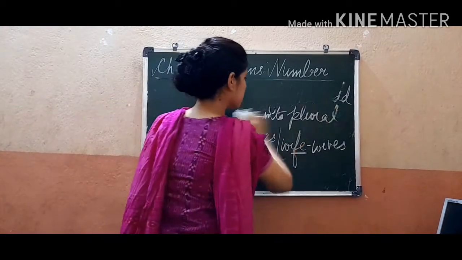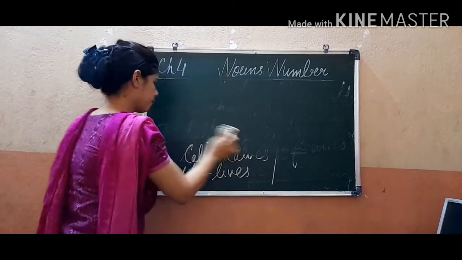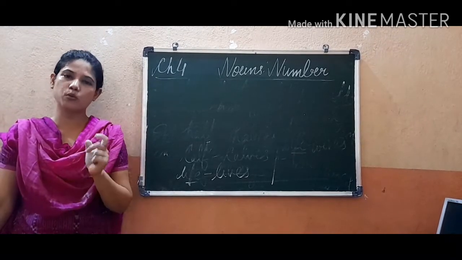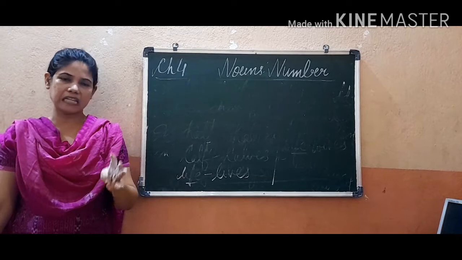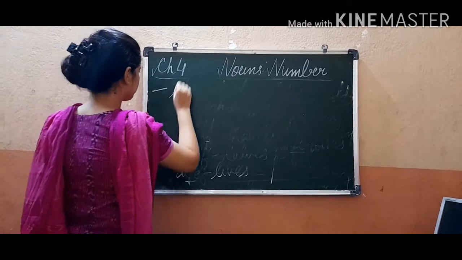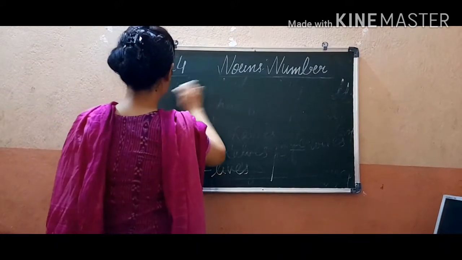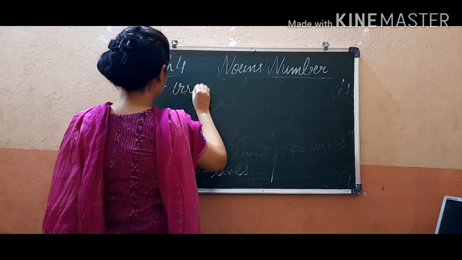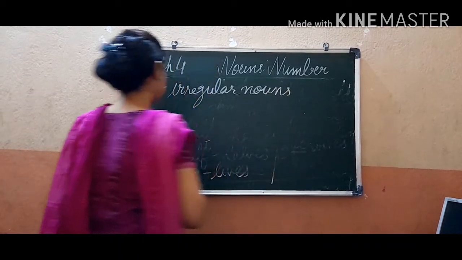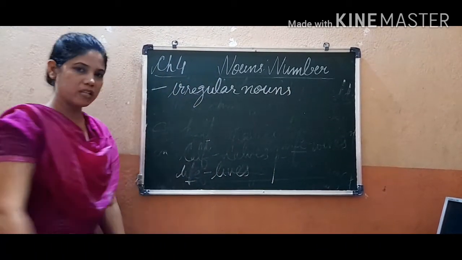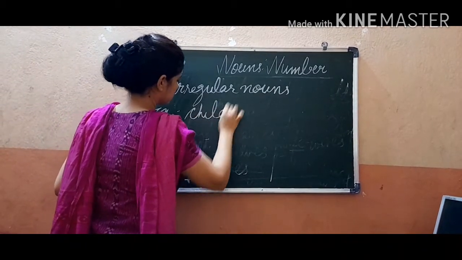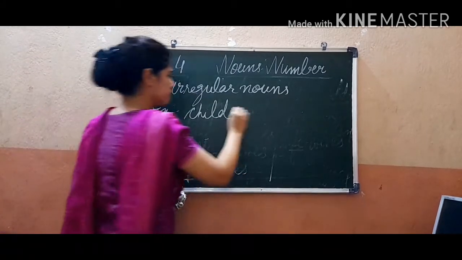Now again in singular, there are some irregular nouns that don't follow any rules of using s, ies or ves. They change form entirely. For example, child will change into children.